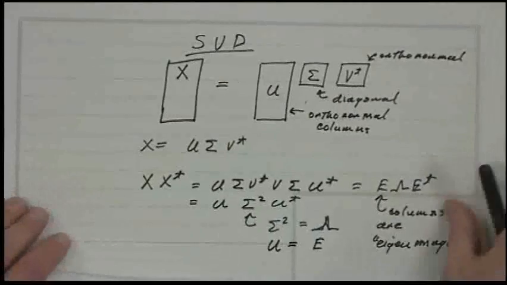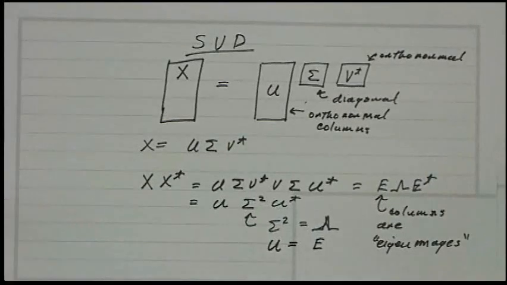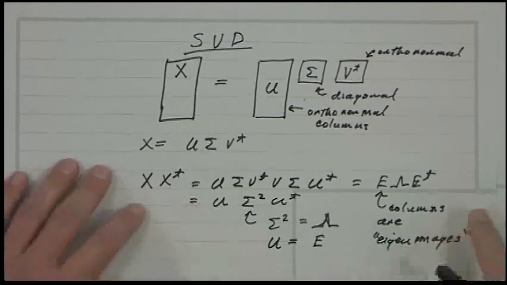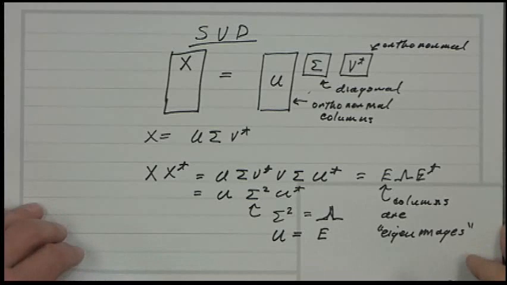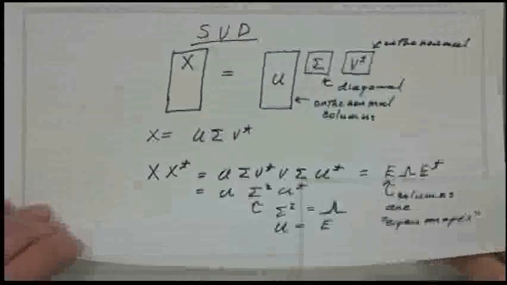The idea is, first we have an SVD. An SVD is something that can be applied to a non-symmetric matrix. Eigenvalue decomposition. Let me just make a quick comment here.